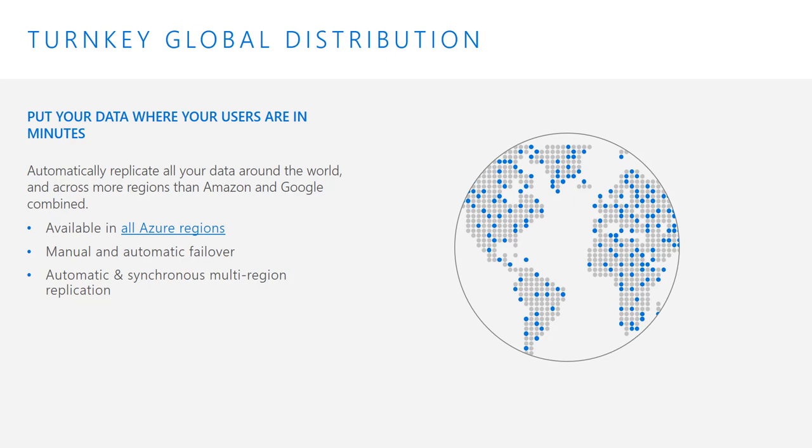This will change a little because we already announced a multi-write region, which will go GA very soon, by next September. Today you have one write region only, and for that you can do this manual failover to move your write region from one place to another. And all your data is automatically synchronized behind the scenes. You don't have to do anything.